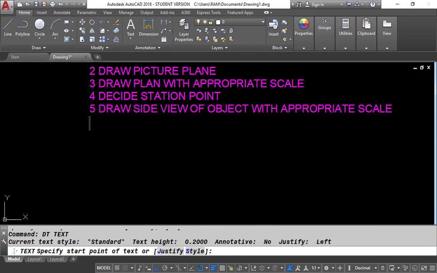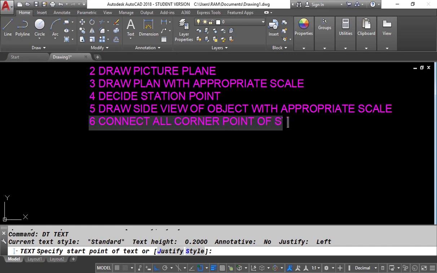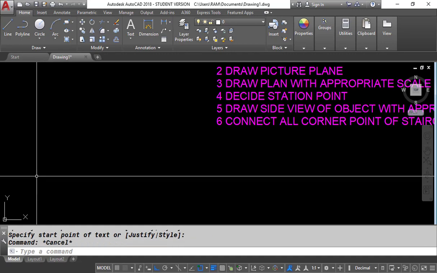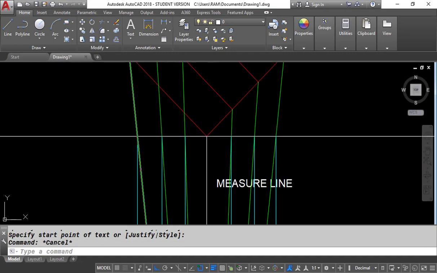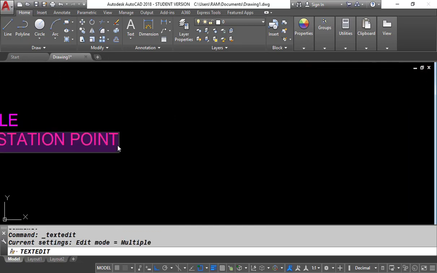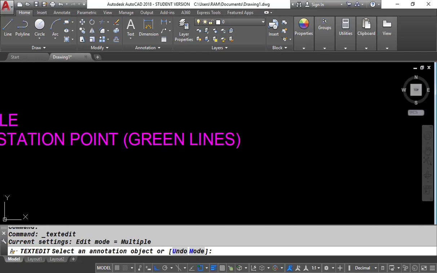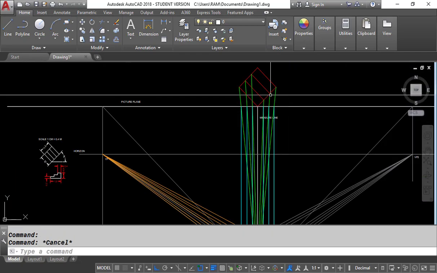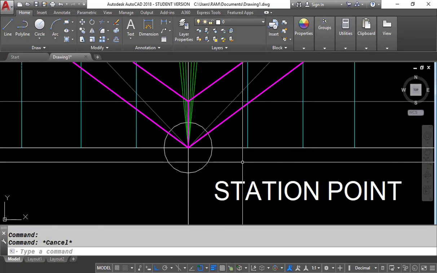Our next step is connect all corner points of the staircase to the station point. So what is this? These are all the green lines. As you can see, for example here I have shown green lines, all the green lines' corner points are connected to the station point.